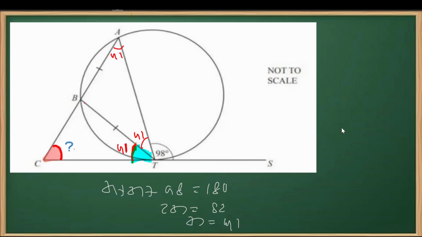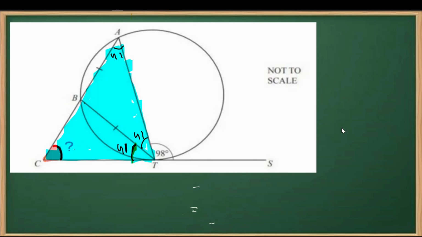To get this angle, we can apply the angle sum property, but this time on this triangle. In this triangle we know the value of two angles, and we can get the third angle. Let's say the unknown angle is C. So angle C plus angle A, which is 41 as per the figure, and the third angle is this. 41 plus 41 is how much? 98.